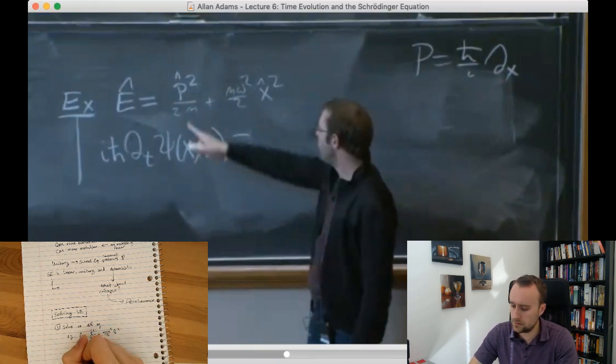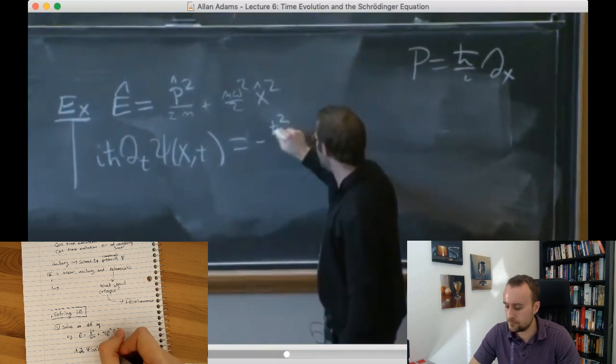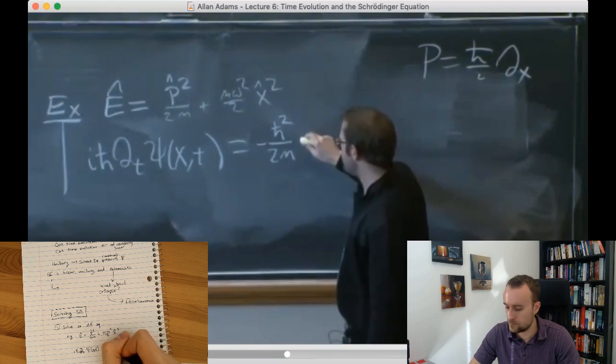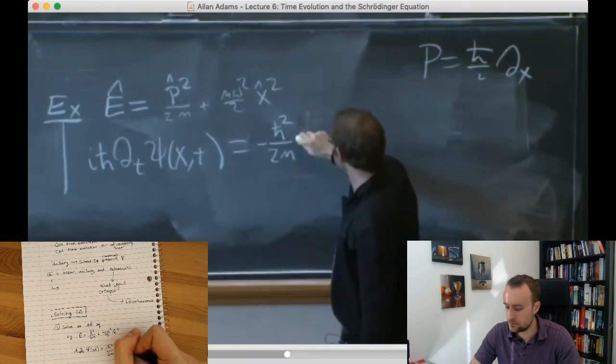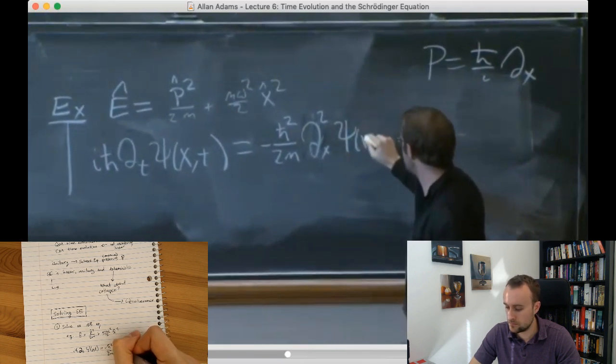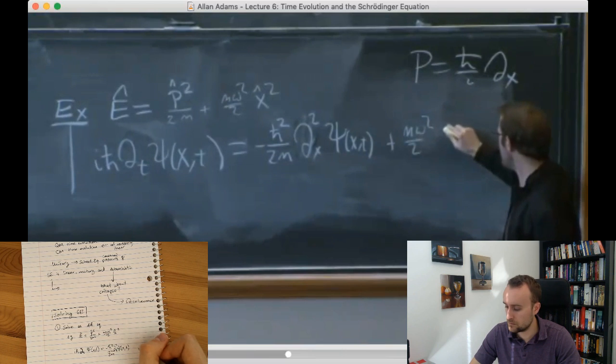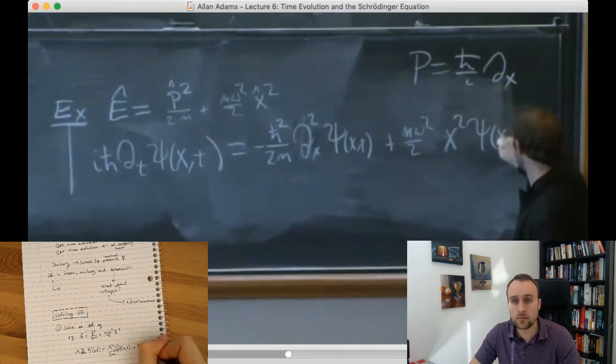So this is minus h bar squared upon 2m, d squared by dx squared, two spatial derivatives acting on psi of x and t, plus m omega squared upon 2 x squared psi of x and t.